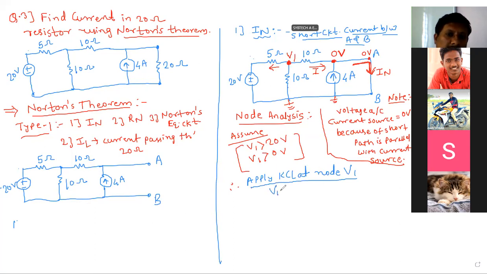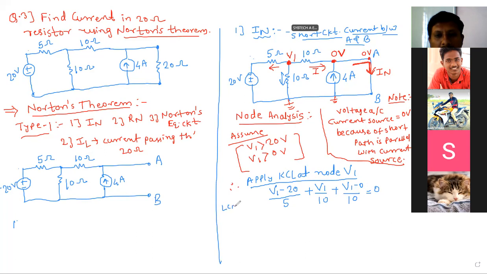So V1 minus 20 divided by 5. This is outgoing. Plus this is also outgoing. V1 minus 0 divided by 10. Plus V1 minus 0 divided by 10.